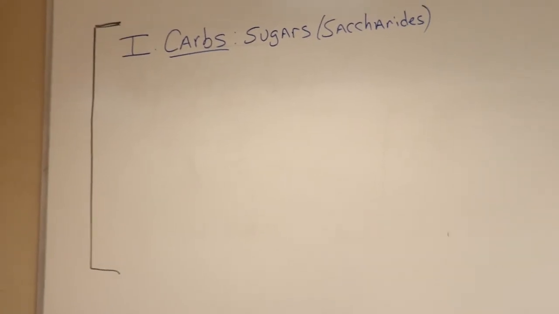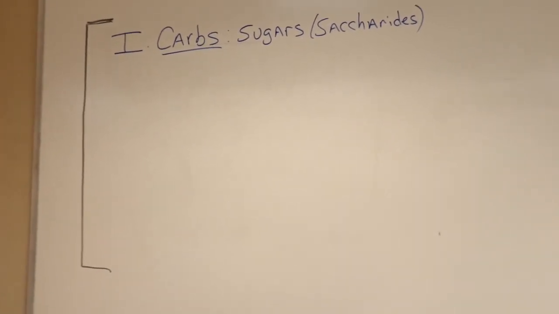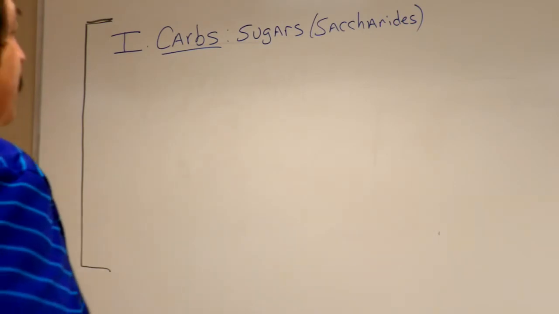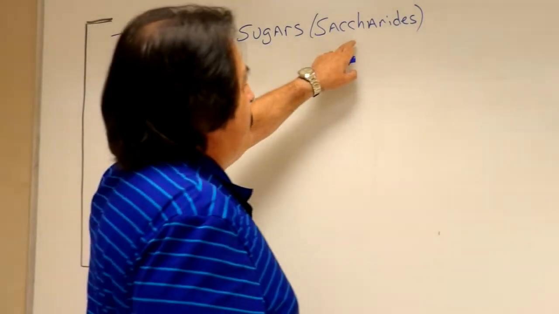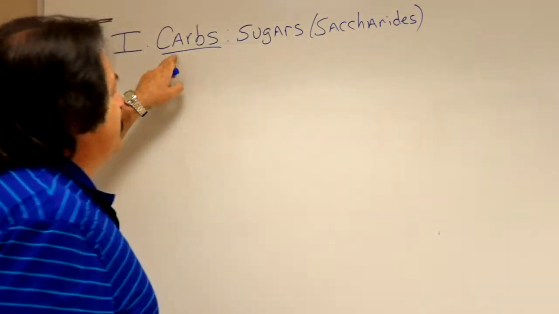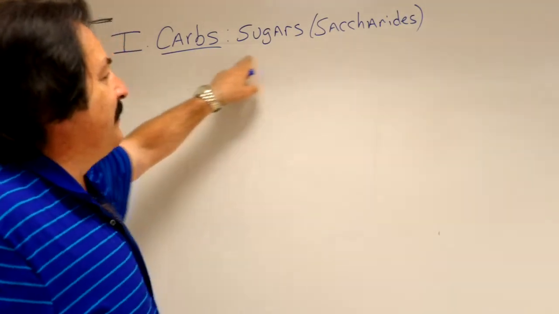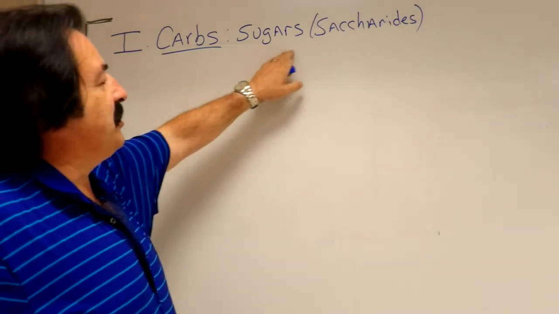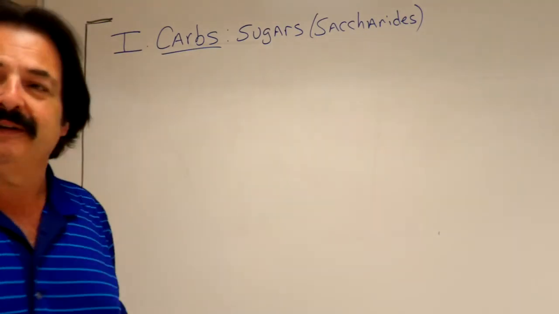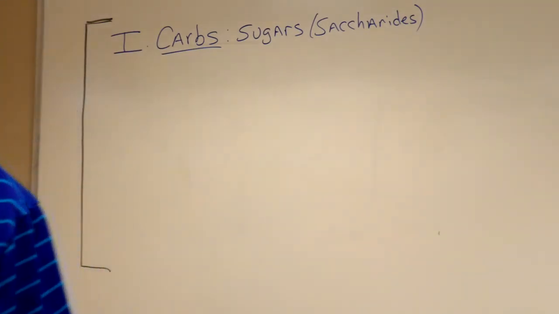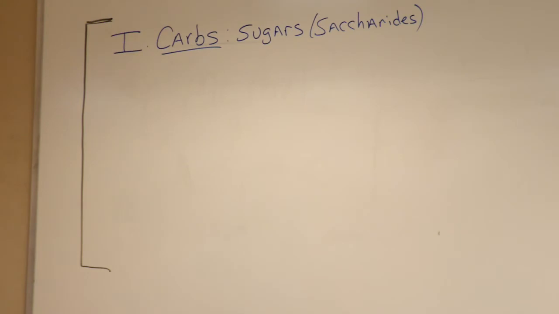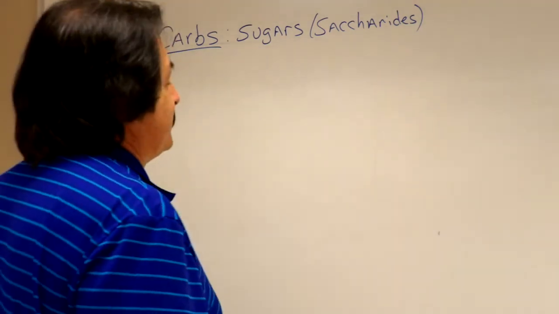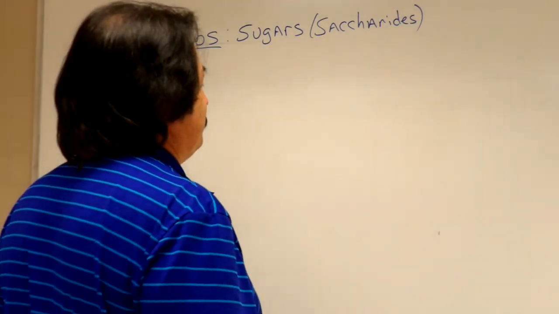So sugars, saccharides, carbs, all mean the same thing. Now, sugars or carbs can be simple or they can be complex.